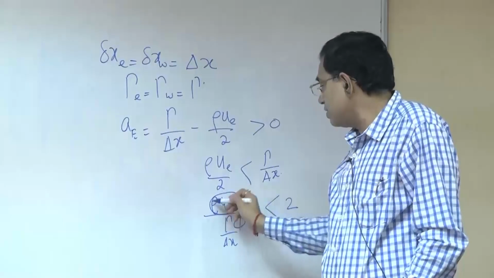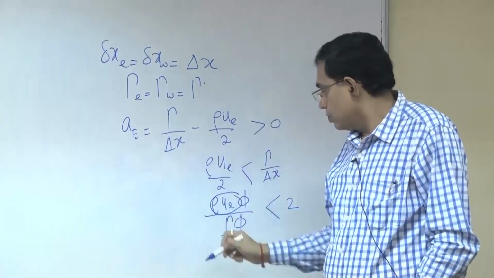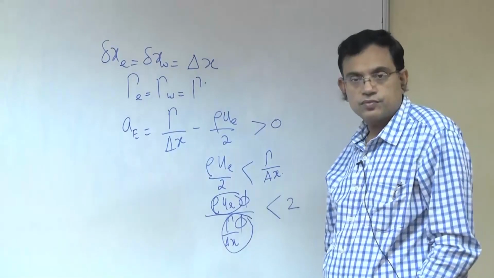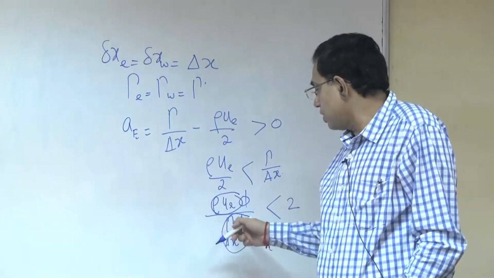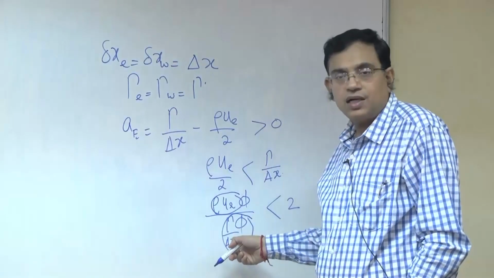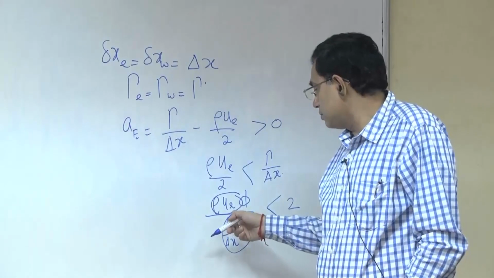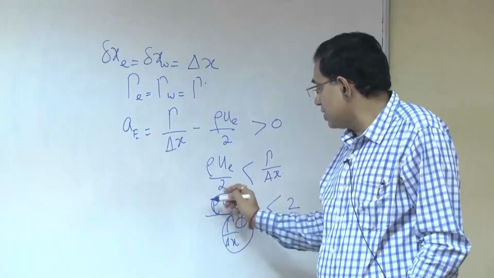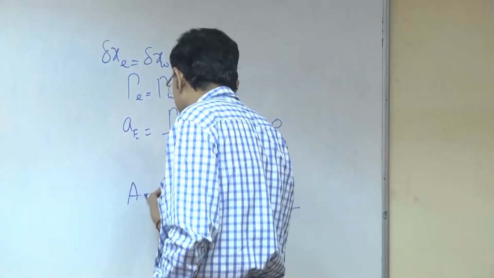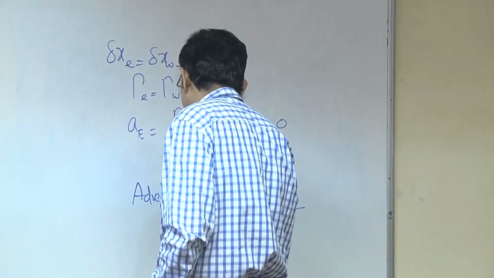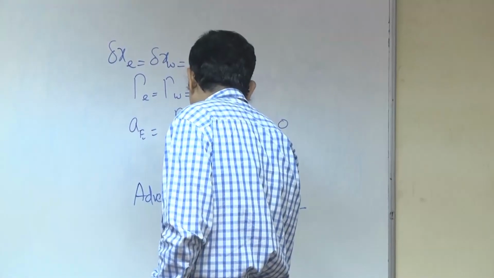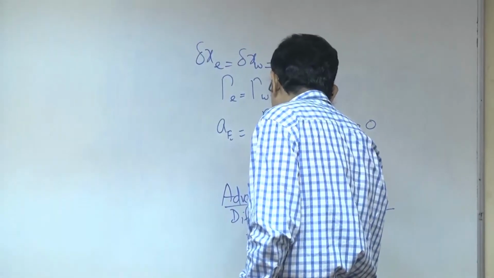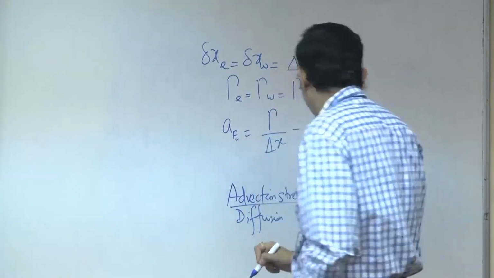So, that is this strength of advection, and this one is the strength of diffusion. Okay. So, because this is like k by delta x, so it is like conductance for heat transfer. So, this is advection strength and this is diffusion strength.